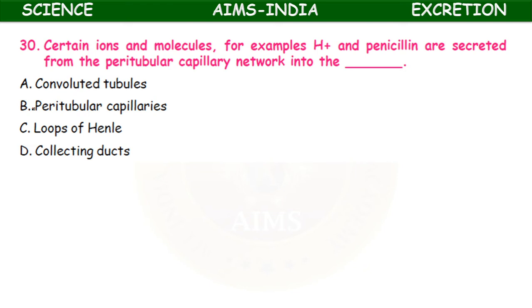A. convoluted tubules, B. peritubular capillaries, C. loops of Henle, D. collecting ducts. It is the convoluted tubules, proximal convoluted tubule and distal convoluted tubule.